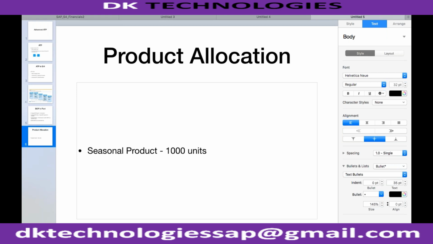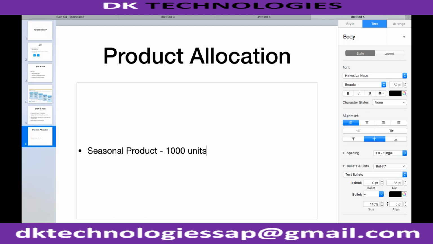They don't want to sell everything to one single customer. We want to maintain the customer relationships, so we decided that out of this 1,000 units, we will give a maximum of 200 to any particular customer. Or if customer A is a good customer, we will allocate 500 quantity to our main customer itself, and the remaining quantity can be kept for other customers.